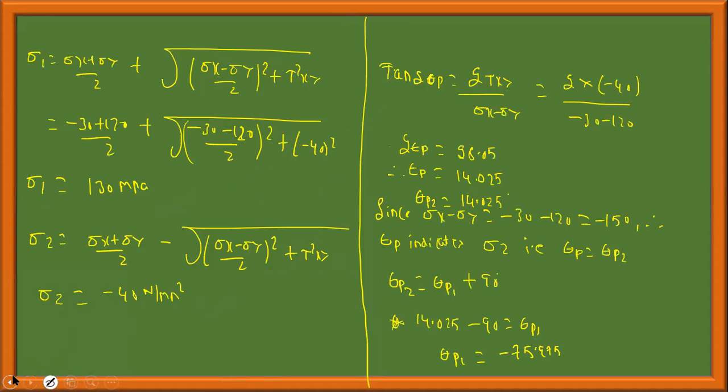Theta p1 is equal to minus 75.975. We know that when theta p1 is negative, then theta s1 is equal to theta p1 plus 45 degrees.